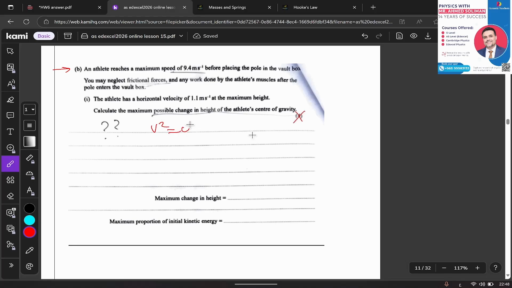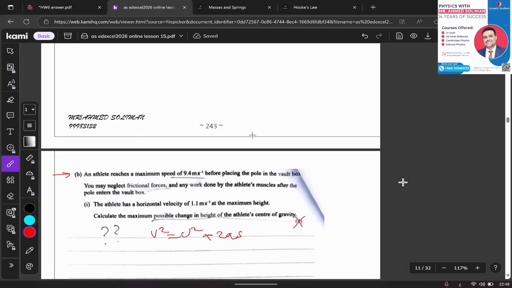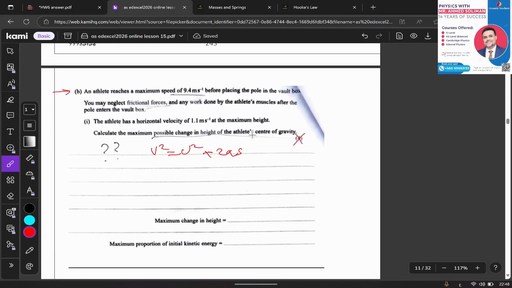V squared equals u squared plus 2as. I can't accept this, in fact. Do you know why? I'm not sure.